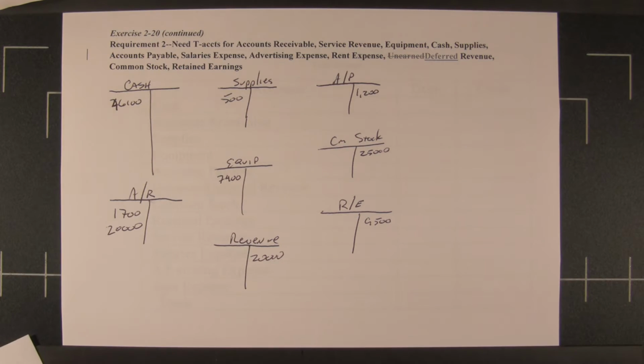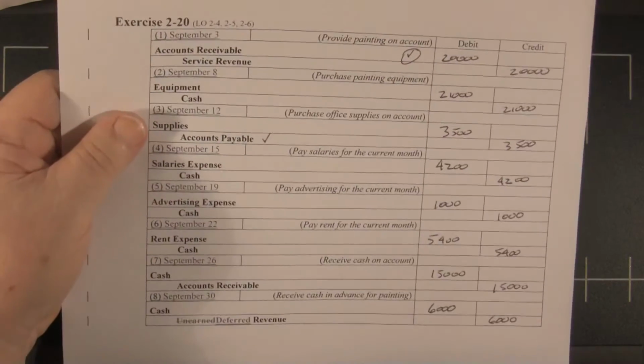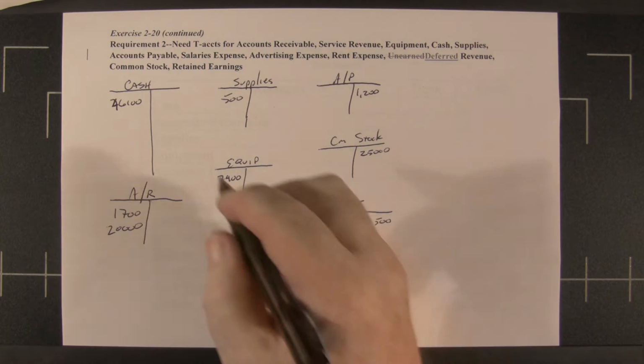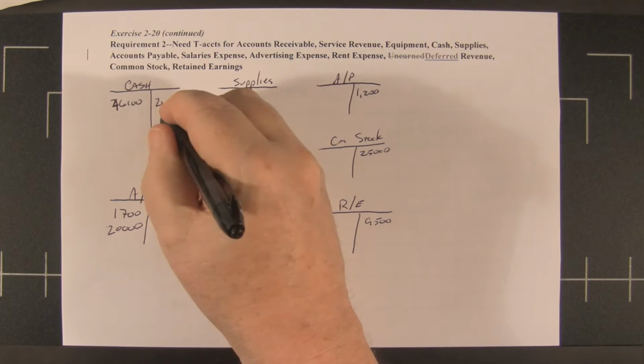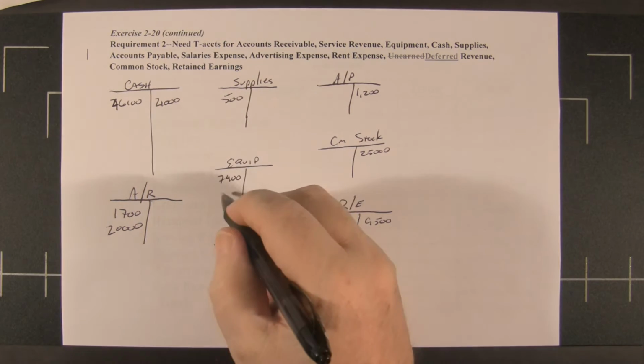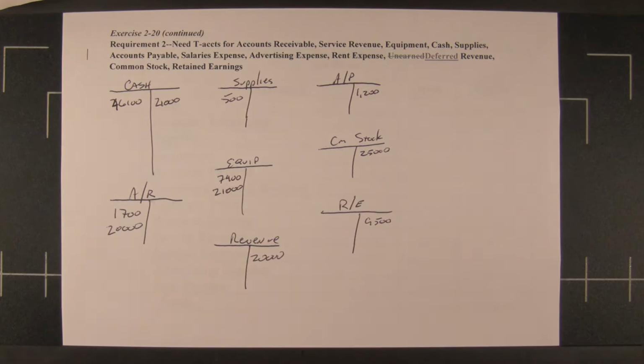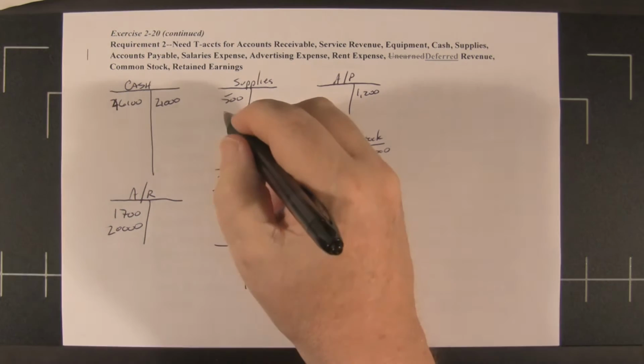And then on September 8th, again referring back to these transactions, we purchased equipment for $21,000. So that's a credit to cash for $21,000 and a debit to equipment for $21,000. Just going right down that same list, we purchased supplies on September 12th for $3,500.